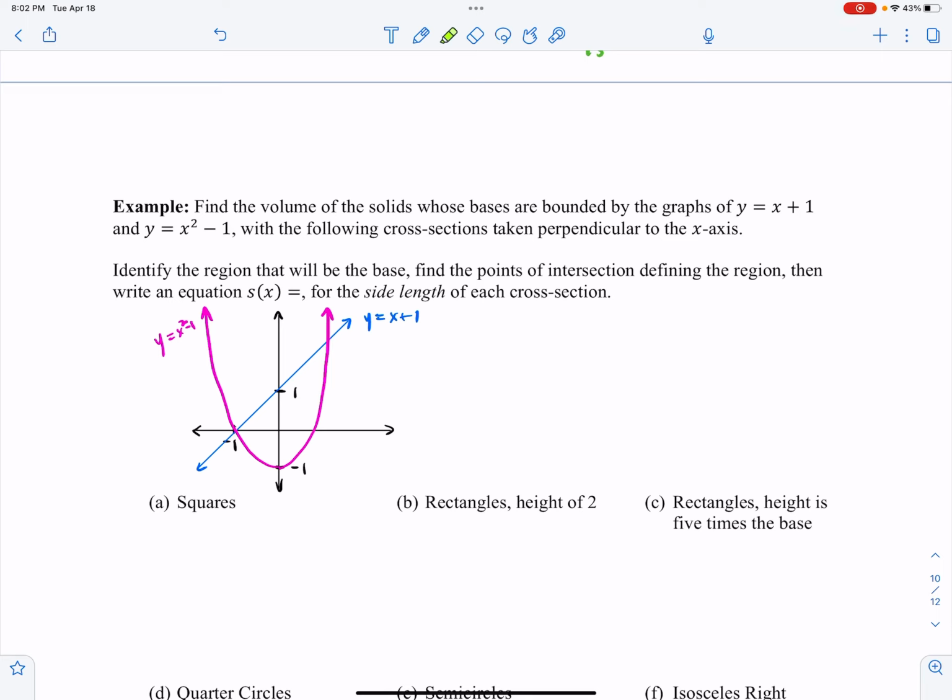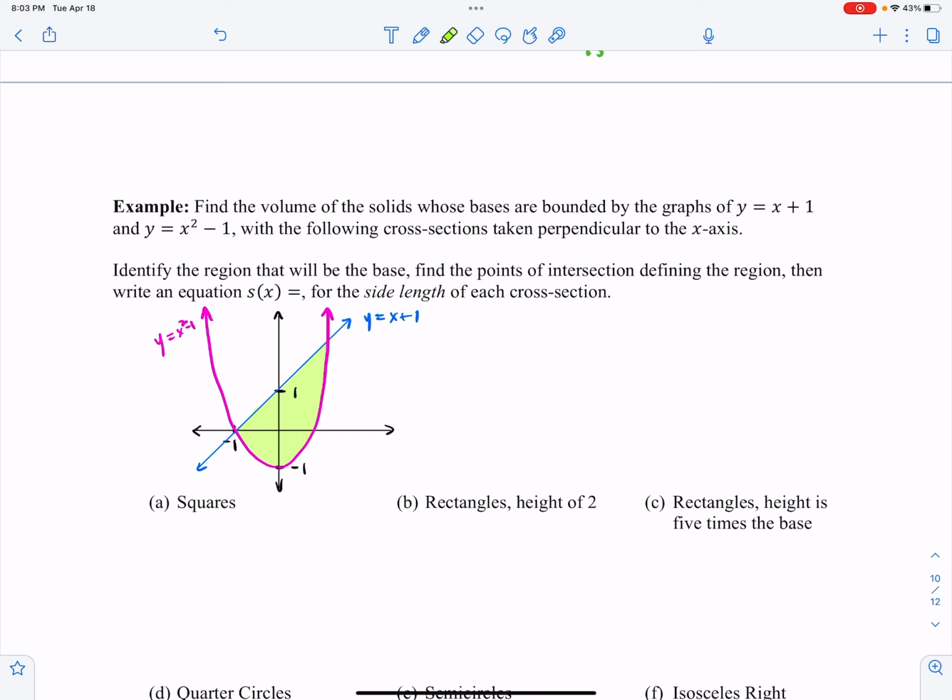Okay, so this is our region that represents the base of the solid that's going to be generated. Or many solids are going to be generated just using different cross sections. Now, all of the cross sections are going to be perpendicular to the x-axis.